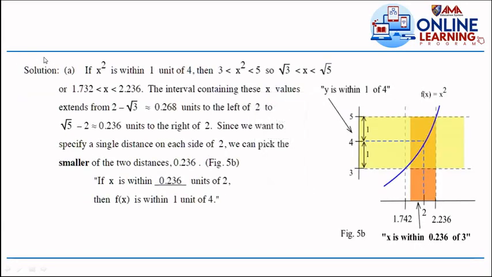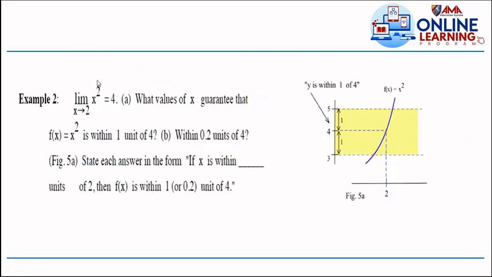If x squared is within 1 unit of 4, okay, 1 unit of 4. So, 4 minus 1, we have 3. The other one, 4 plus 1, we have 5. Okay? So, doon sa unang sagot po natin, as x approaches 2, our limit is 4.